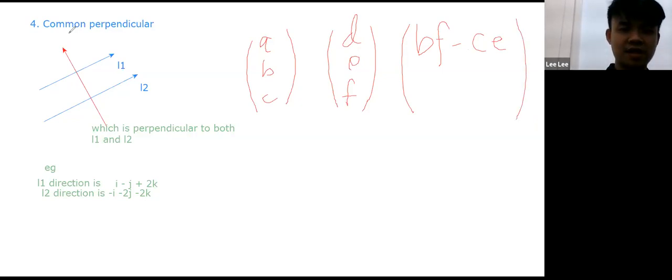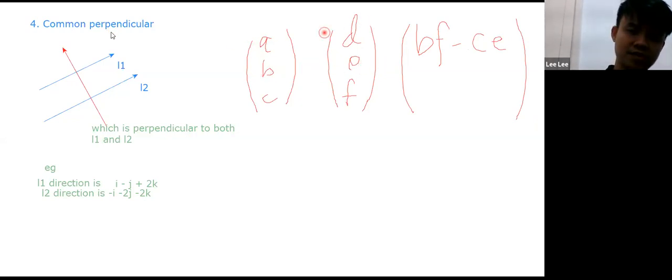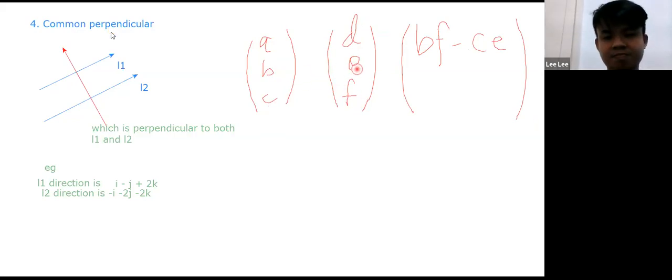Then to find the second one, you ignore the second row. Just now when I ignored the first row, I crossed down, then crossed up. When I ignore the second row, I should cross up first, so I should have CD minus AF.